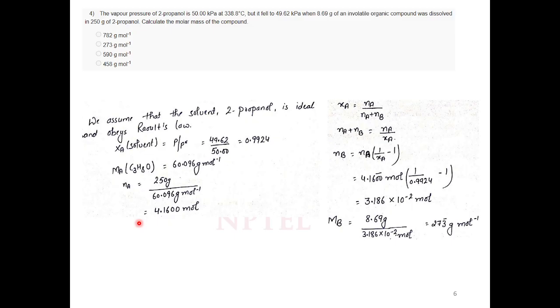That is very good. So now, what is the mole fraction of solvent? You have to find out, and this is basically p by p0, the reduced vapor pressure, the ratio of vapor pressure of the solution to that of the pure solvent. So 49.62 by 50.